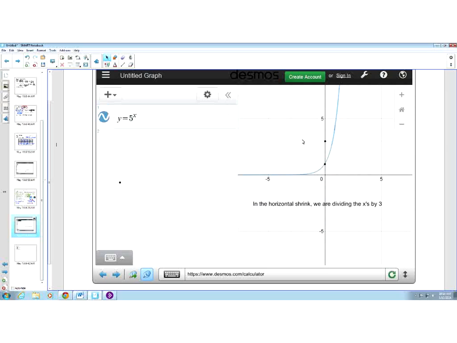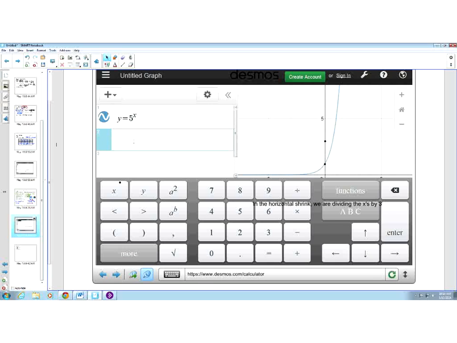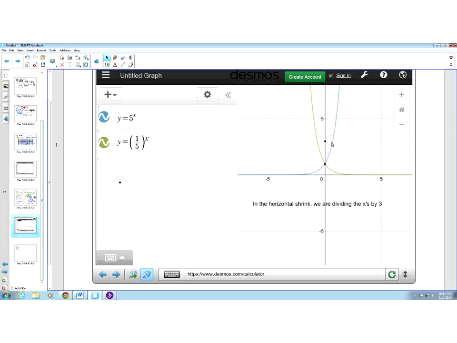So there's your quintessential exponential function. Now, compare that with, say, y is equal to 1/5 to the x. What do you think that's going to do? Well, it's going to basically reflect the graph about the y-axis. So this is a reflection.